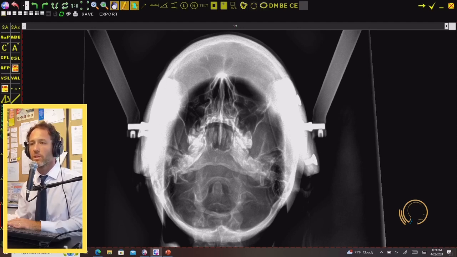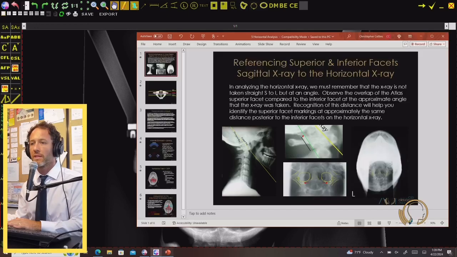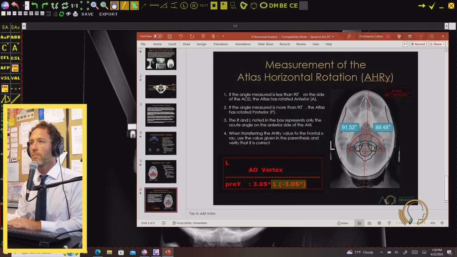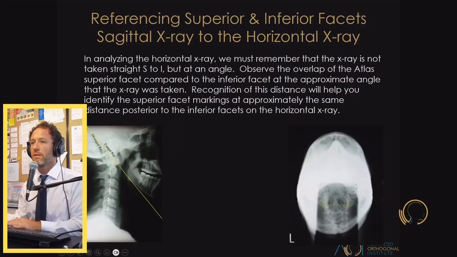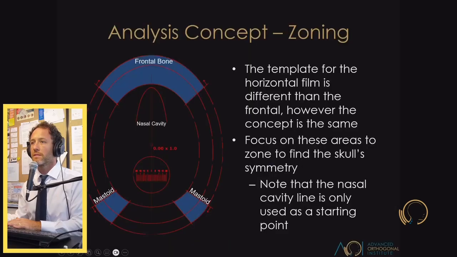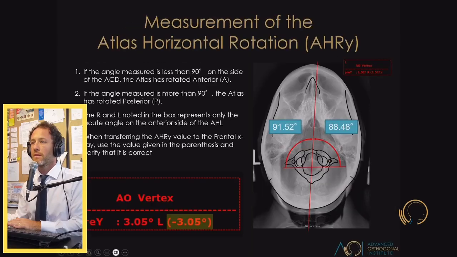So those two are going to create ultimately what we're going to measure. Let me get you down here so you guys can see, and then we'll go back. That's what we're trying to do here. We are trying to generate our rotational component of our listing.